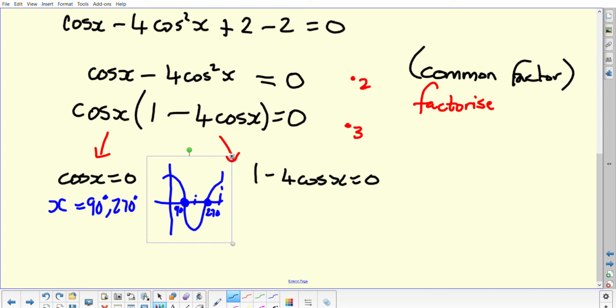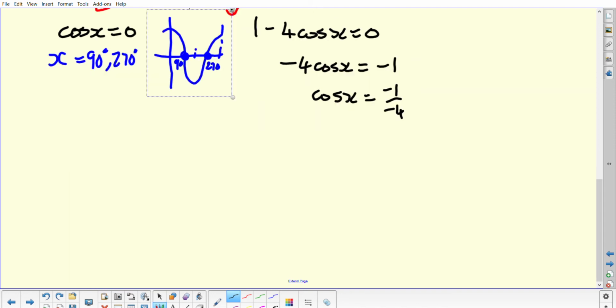For this other one, you could rearrange that, get minus 4 cos x equals minus 1. Divide by the minus 4, you'd get cos x equals minus 1 divided by minus 4. Hopefully you know that becomes positive 1/4. So cos is positive.